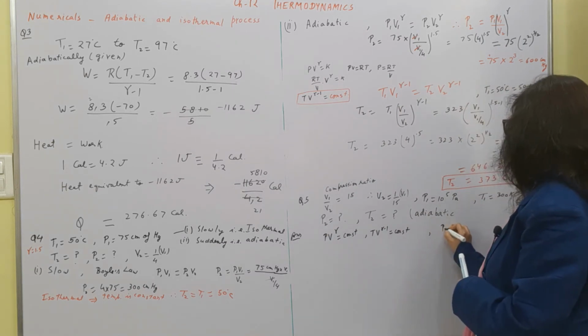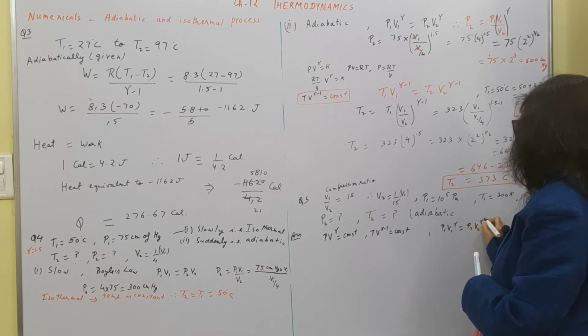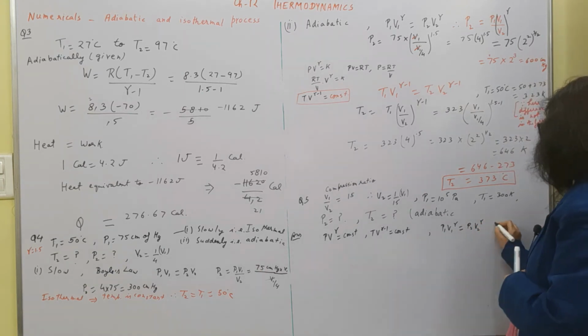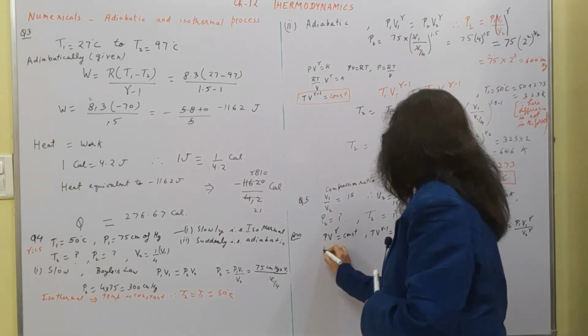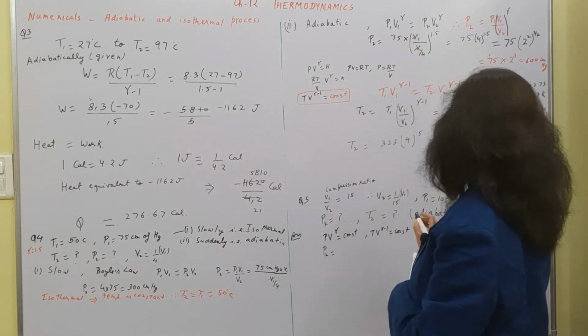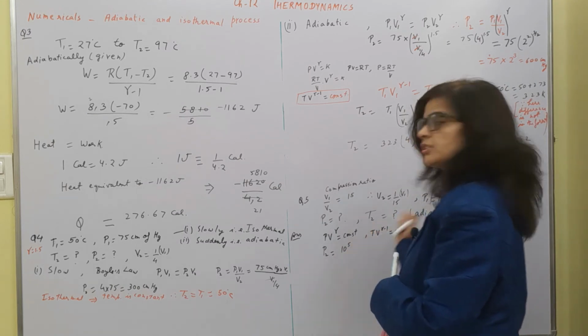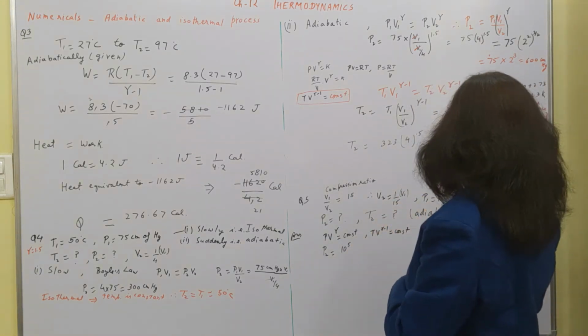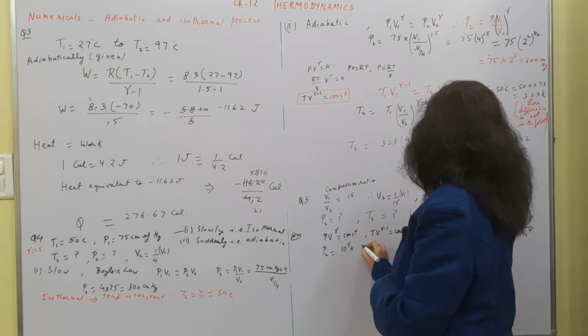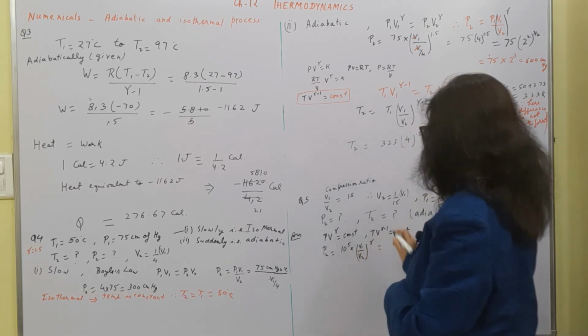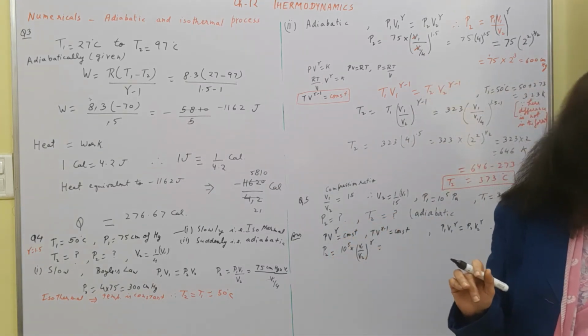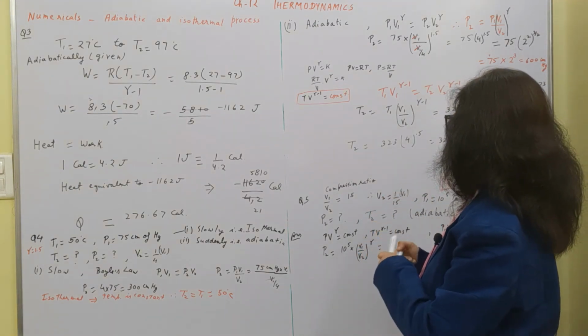So we can use P1 V1 to the power gamma is equal to P2 V2 to the power gamma. So we have to find the final pressure. Therefore, P2 is equal to P1 V1 to the power gamma upon V2 to the power gamma. Simply put the values. P1 is how much? 10 to the 5 pascals, that means Newton per meter square, already in SI unit. So this is P1 into V1 upon V2 to the power gamma. And gamma is given in the question, it's 1.4.